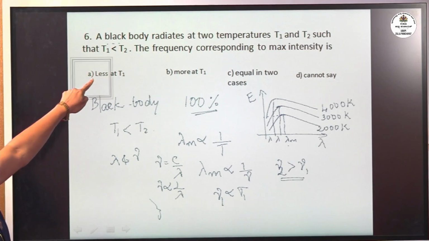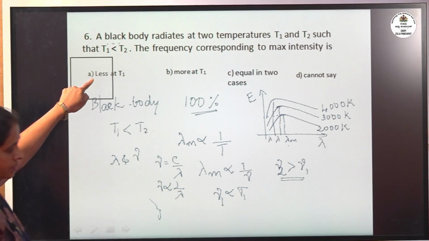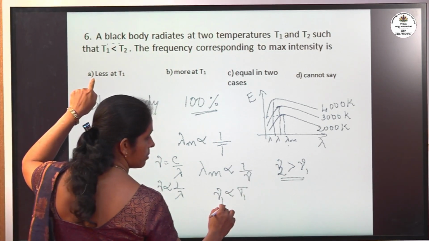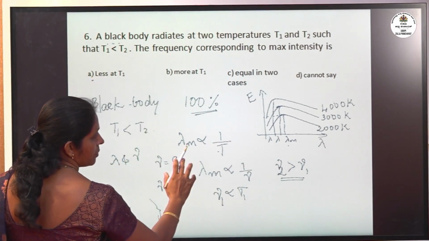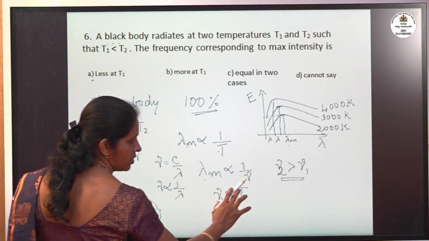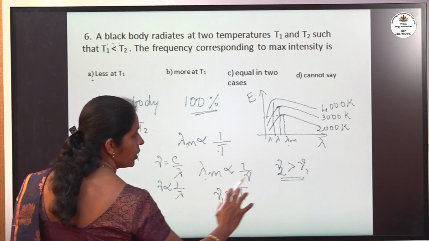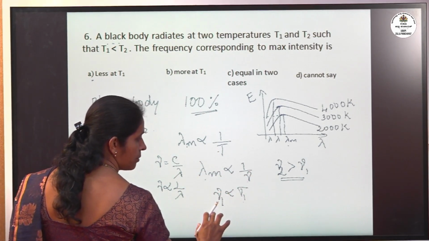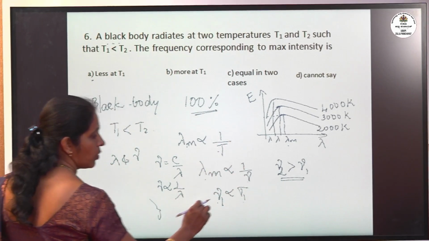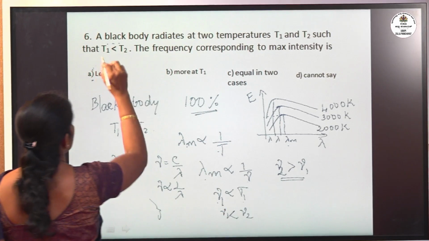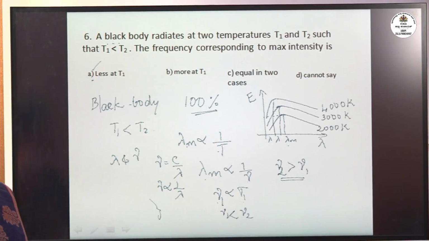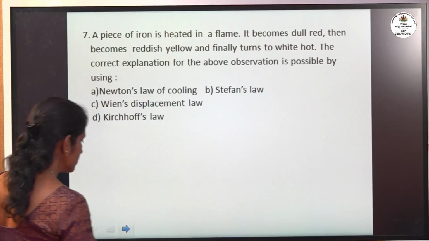As temperature increases, lambda m decreases. Lambda m is inversely proportional to frequency, so nu1 is less than nu2. Answer option: it is less at T1. The first option is correct.